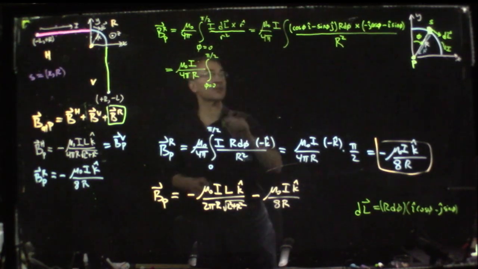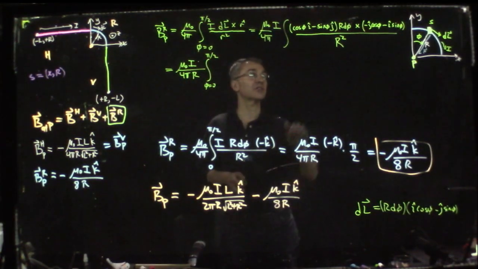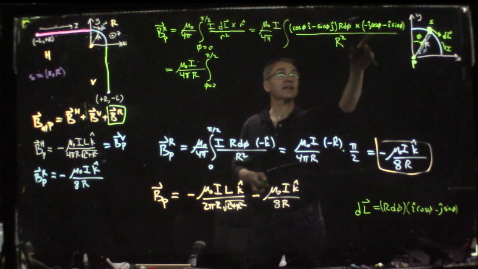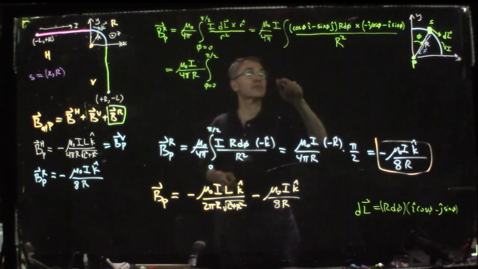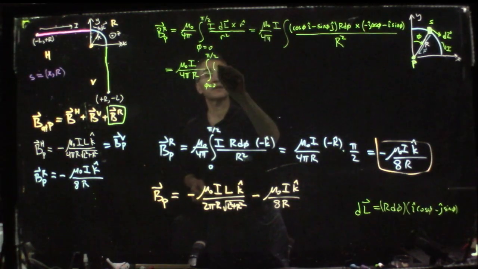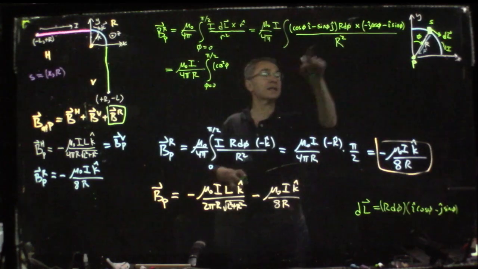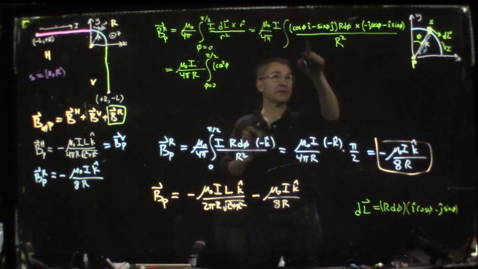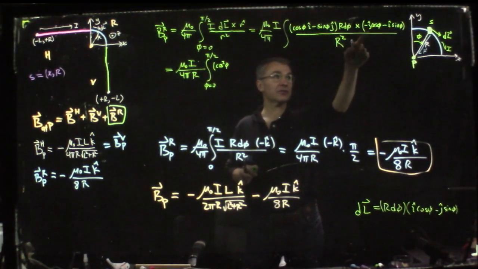And then this cross product is going to be a little bit silly. So, okay, i cross j is k. So this is going to be cosine squared phi. And then times, just bear in mind, i cross j is k. So this is a minus sign. So this is all going to be minus k hat.